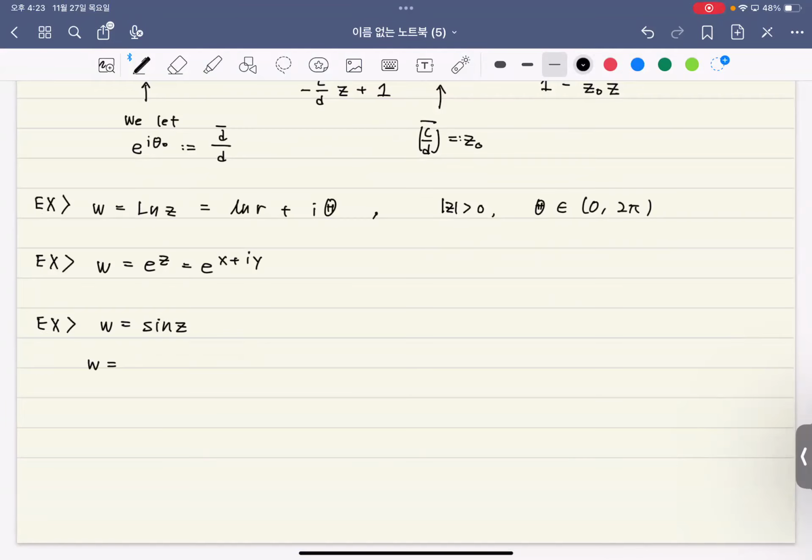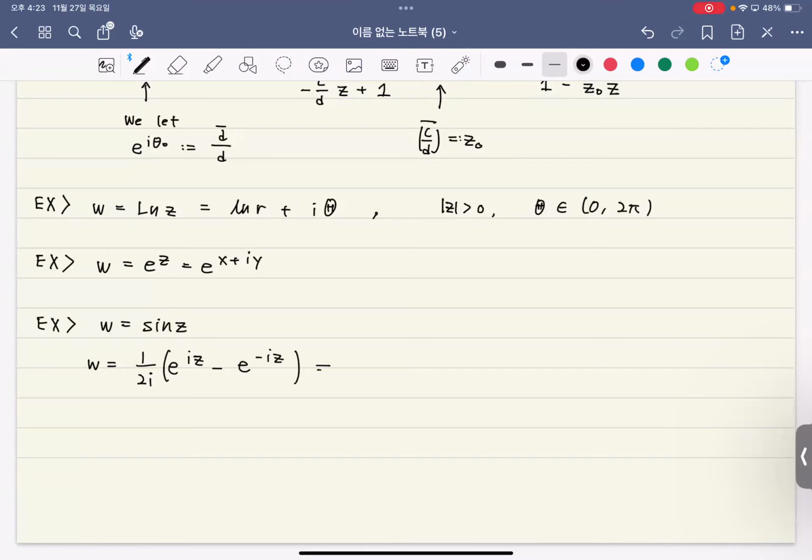Now I want to discuss the image of some geometric objects in the Z plane into the W plane. In order to discuss that, I will need to break this down into the real part and the imaginary part. What is the definition of the sine function? Sine z is e to the iz minus e to the minus iz over 2i, right?